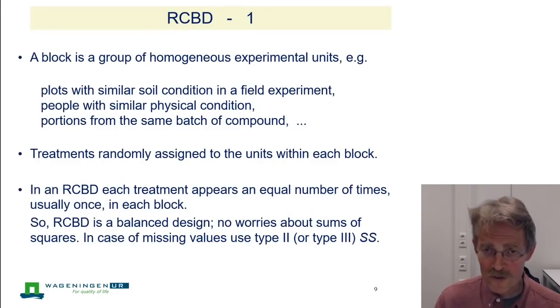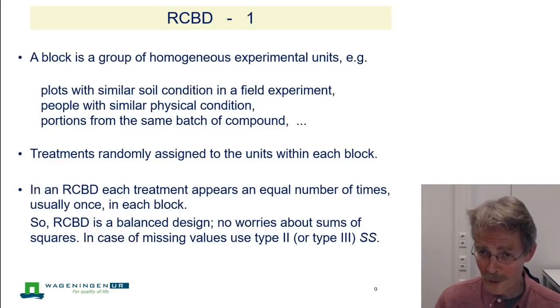Now, what is a block in general? It's a group of similar, homogeneous, experimental units. So you can group plots with similar soil condition, either being wet or dry, for instance, in a field experiment. But you can also have maybe some research going on with people. People are the units, and you may group them. May put people with a similar physical condition in the same block, in the same group.